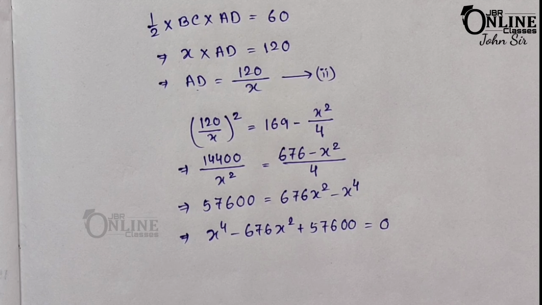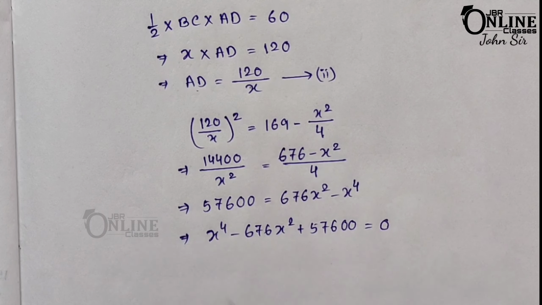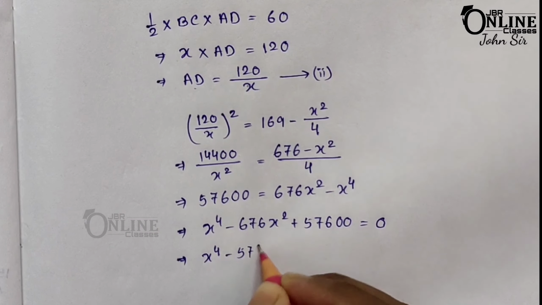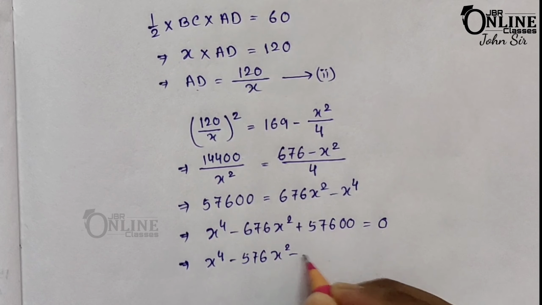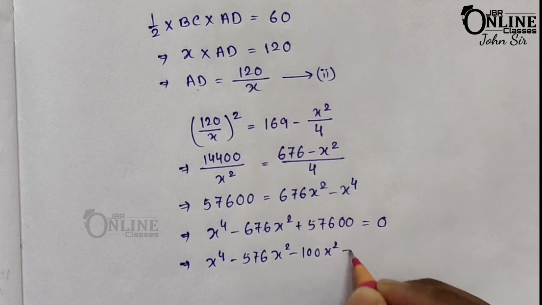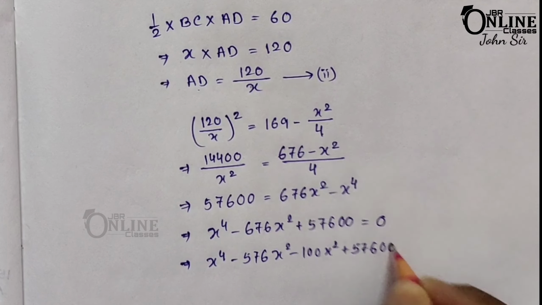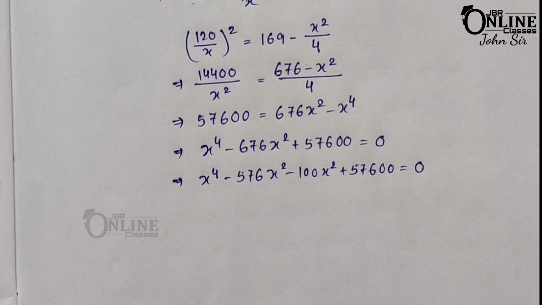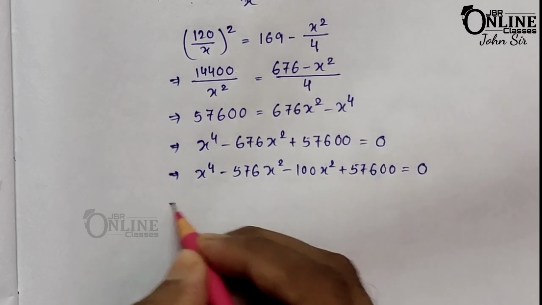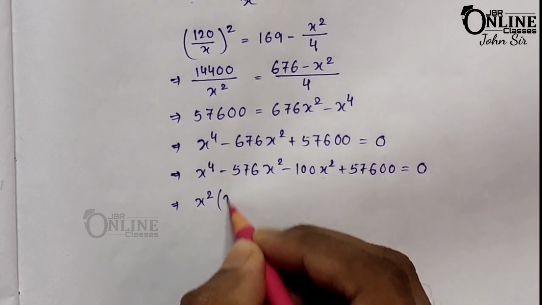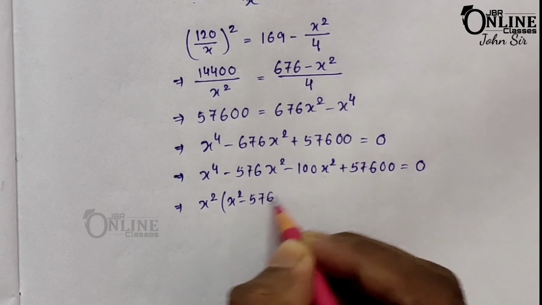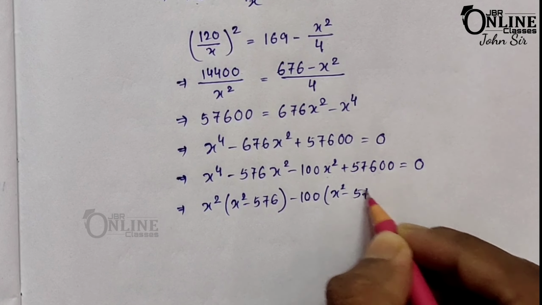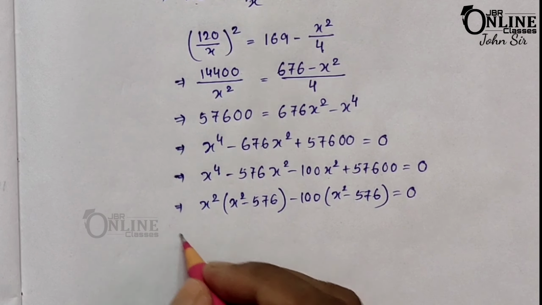Okay, so now you have to solve this equation. So it will be x to the power 4 minus 576 x square minus 100 x square plus 57600 equal to 0. Clear? So now if x square is common, it will be x square into (x square minus 576), here 100 common, minus 100 into (x square minus 576), equal to 0.